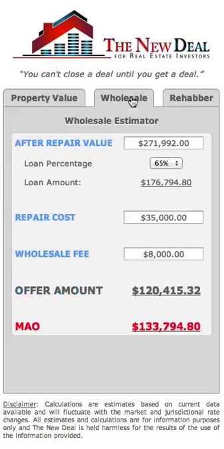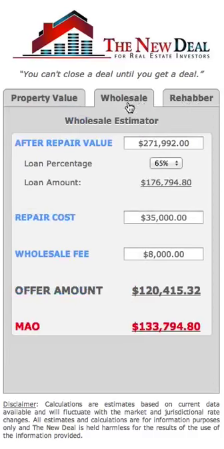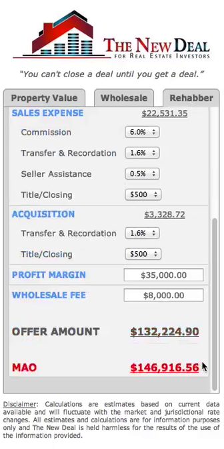Look over here real quick and see that as a wholesaler, you're not factoring in all these figures, so the number is $133,794. But if you're rehabbing and holding that property, you can afford to pay a little more, $146,916.56, because you have more room in the deal to get to your $35,000.